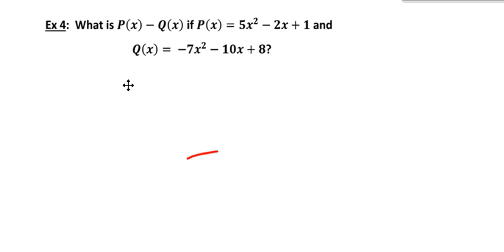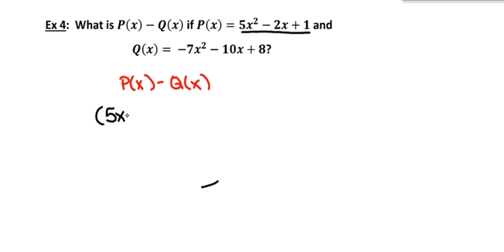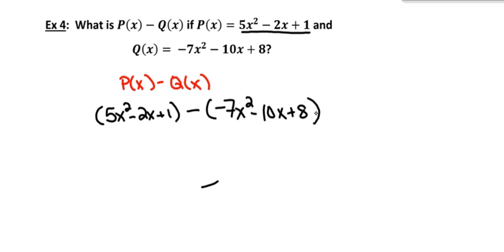So again, what I'm looking for is p of x subtract q of x, but p of x is the polynomial 5x squared minus 2x plus 1. And from that, I want to subtract the polynomial q of x, which is negative 7x squared minus 10x plus 8.